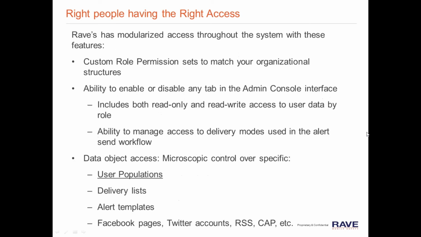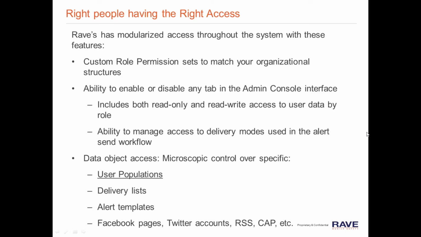aspects of Rave Alert. I think the most important thing I want to mention here is the user population. So this is something we added a little while back. But in addition to the granular controls over templates and list memberships and that type of thing, you can also control the individuals that user has access to and that user can manage.